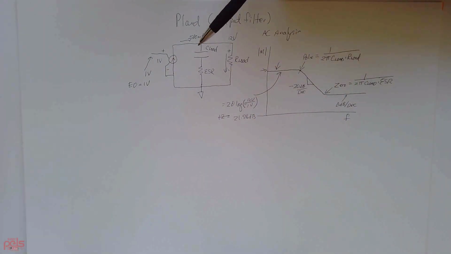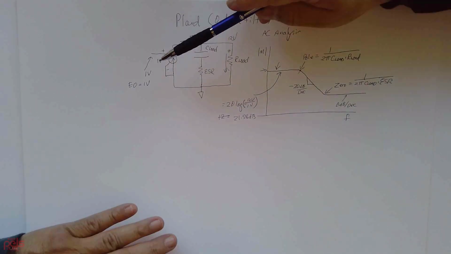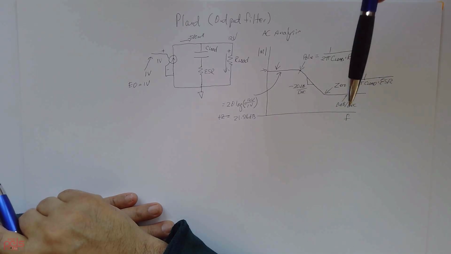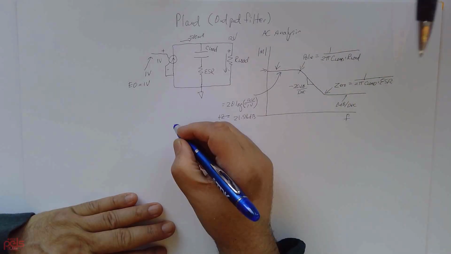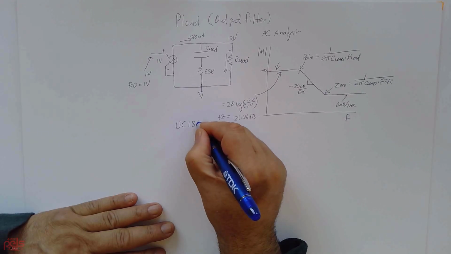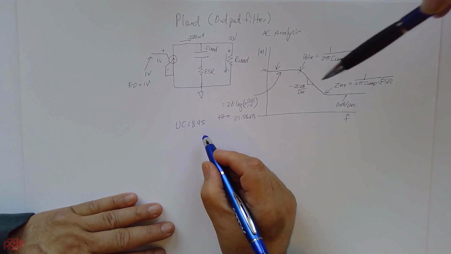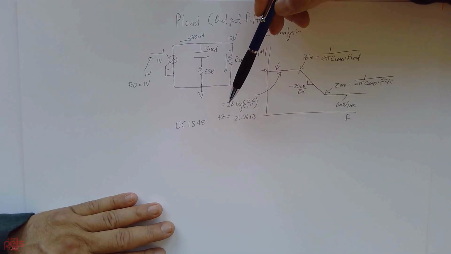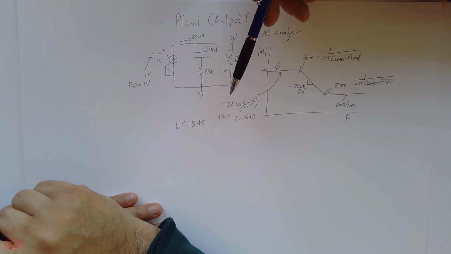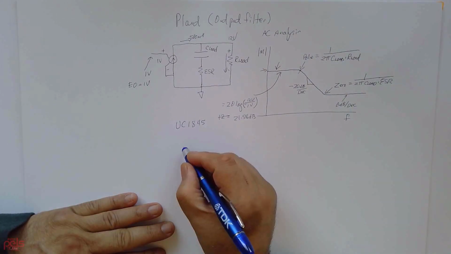Hey, Roberto, going back to this 1 volt, I know that you use the controller from Unitrode. What controller is that? Well, you see, it's the 1845. That controller has, if we look at the COM, a minimum and a maximum.